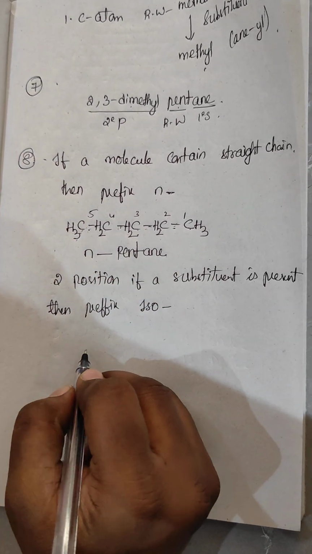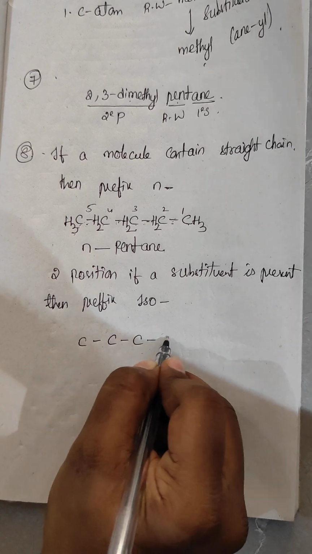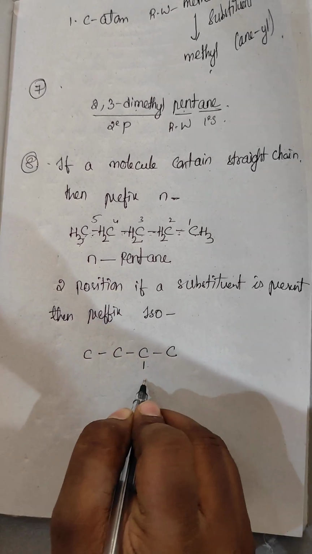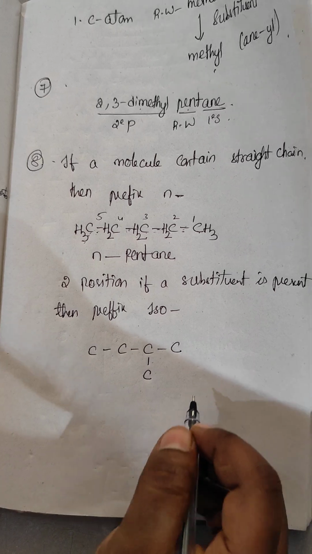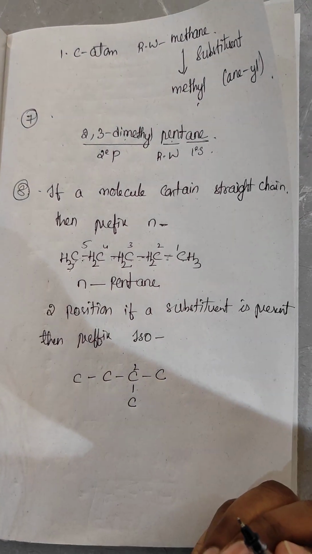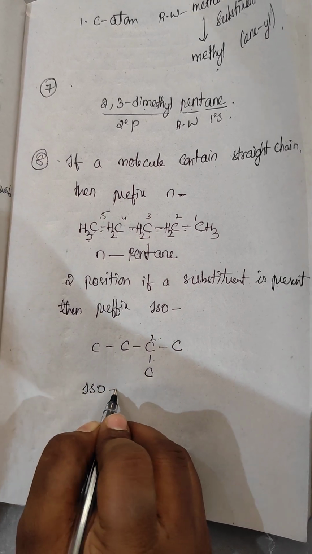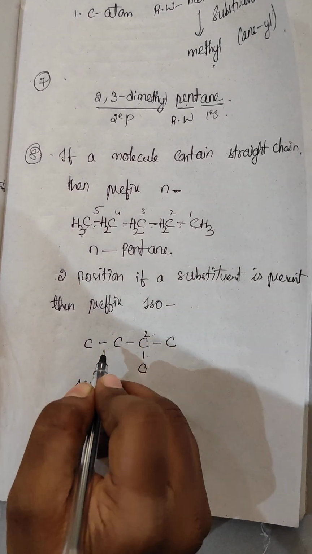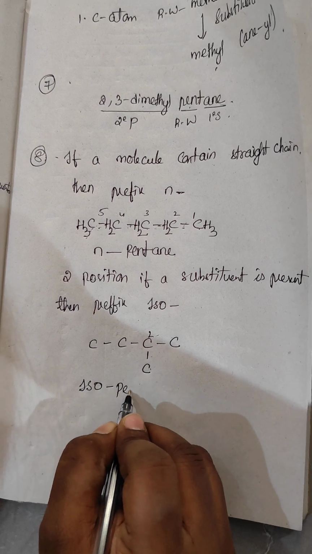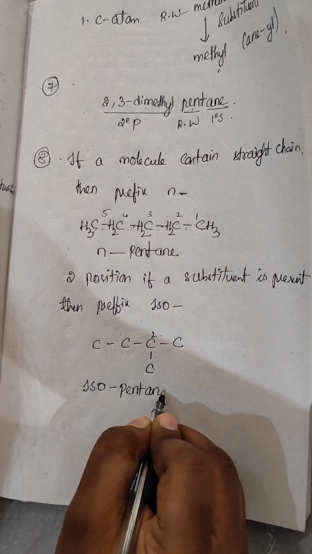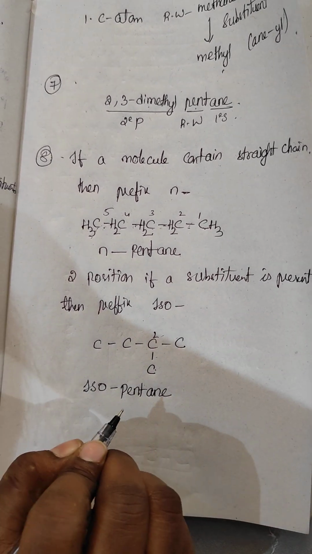So the same molecule, if I am writing this as 1, 2, 3, 4 carbon atoms, second position is attached with a carbon atom. So as the second position is containing a carbon, it is given as iso. And totally the overall molecule is containing 5 carbon atoms. So the root word is pent, and here it is ane. This is the name isopentane.